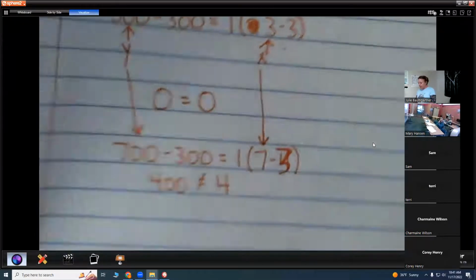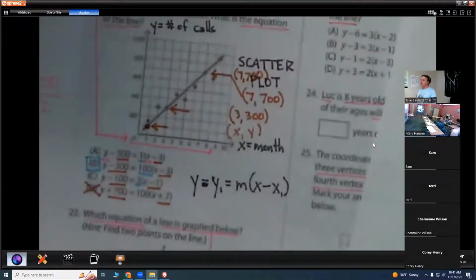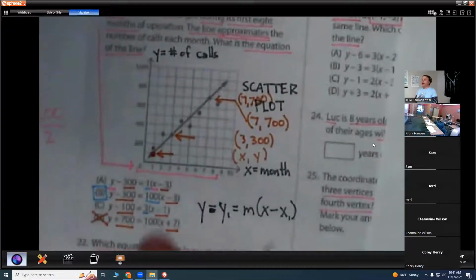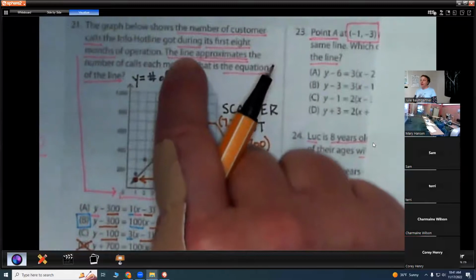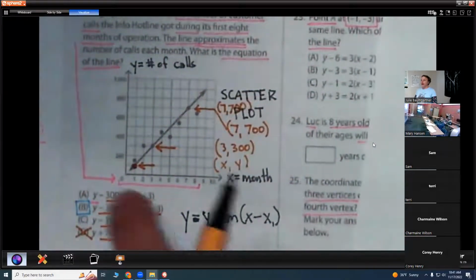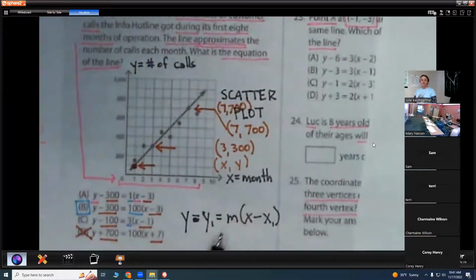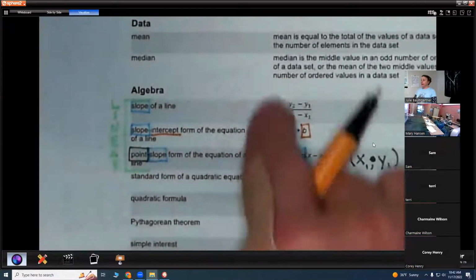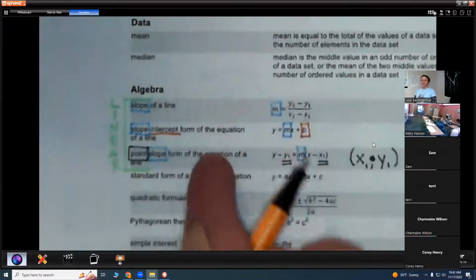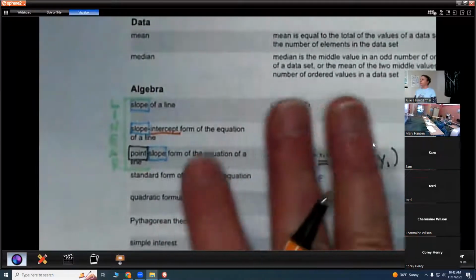So the biggest thing about this problem for sure is recognizing that you're doing linear algebra, recognizing which form or style of linear equation you're going to use, right? And you've got your formula sheet to help you, okay?